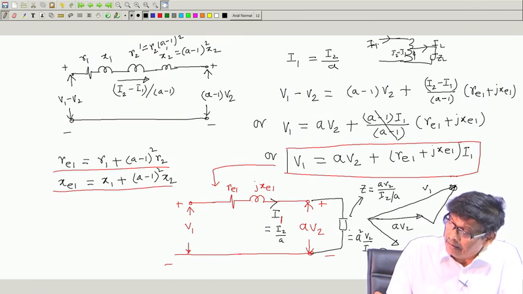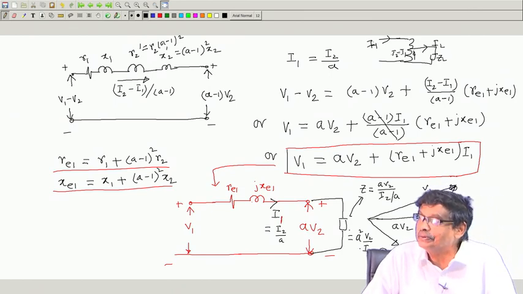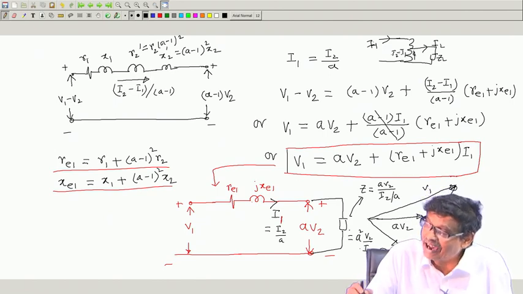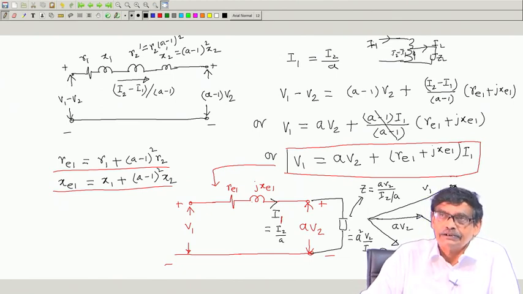Therefore, the load impedance will be multiplied by A square into A square, because of the fact I2 is not part of this current. Got the point?